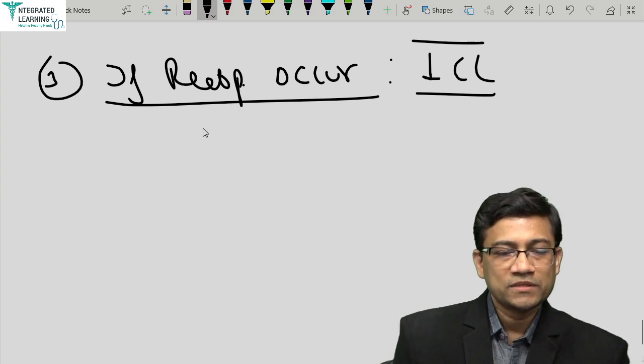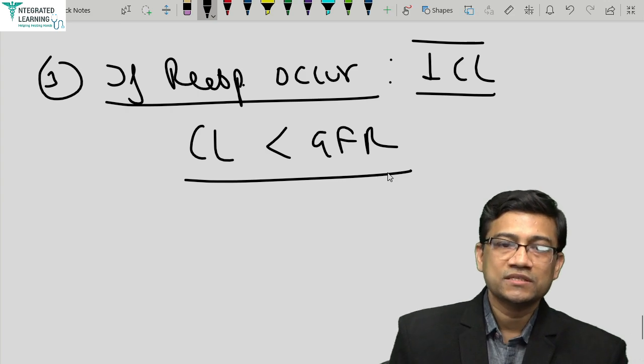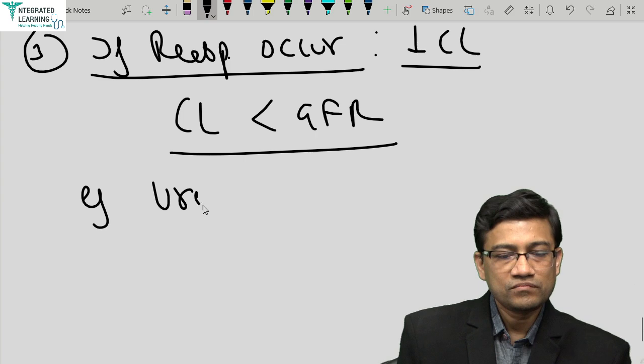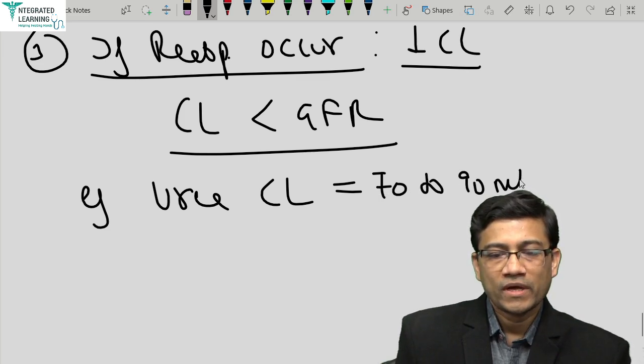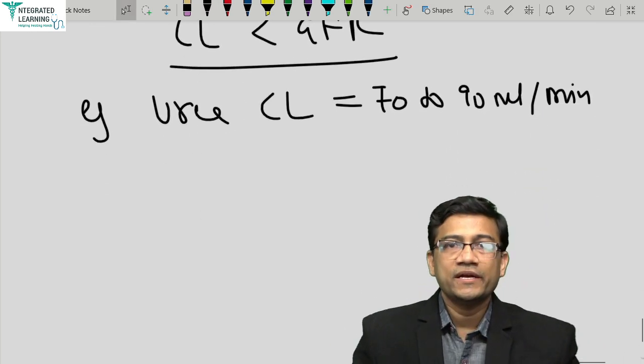Okay. So now the clearance will be less than GFR. Example, urea clearance is 70 to 90 ml per minute.